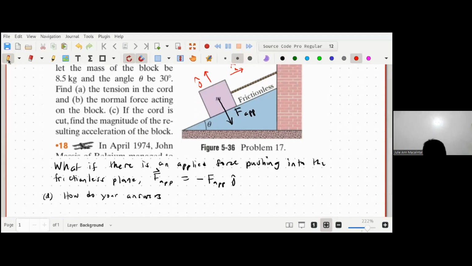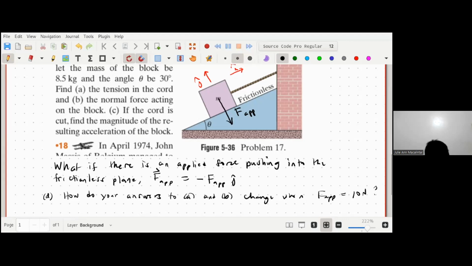So how do your answers to A and B change when F applied equals 10 newtons? So 10 newtons downward.